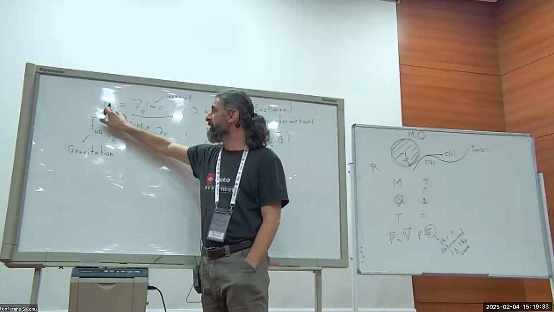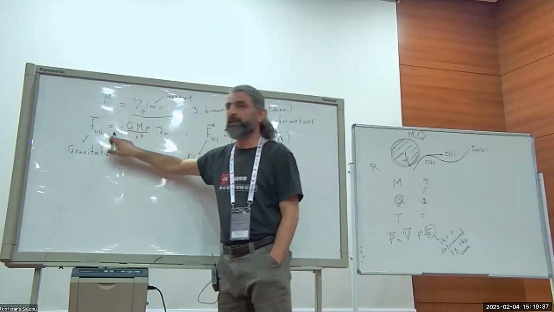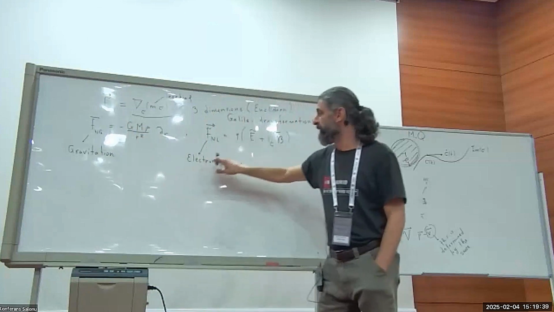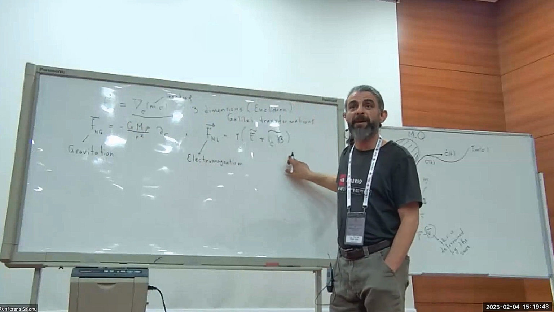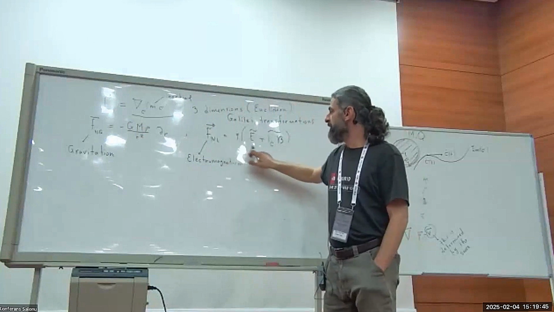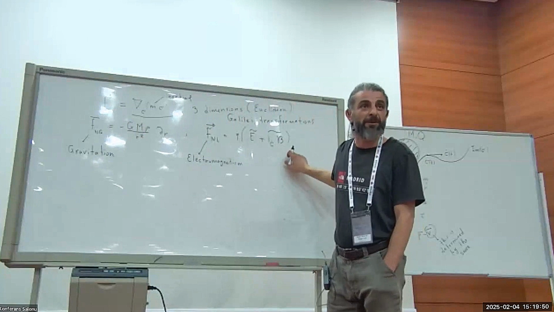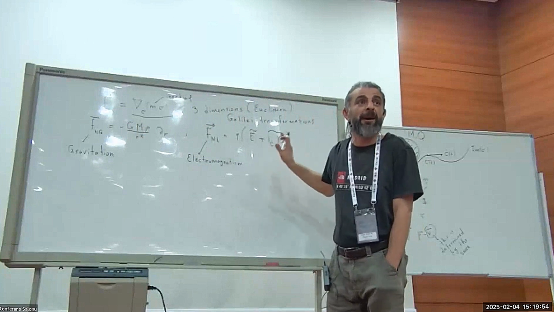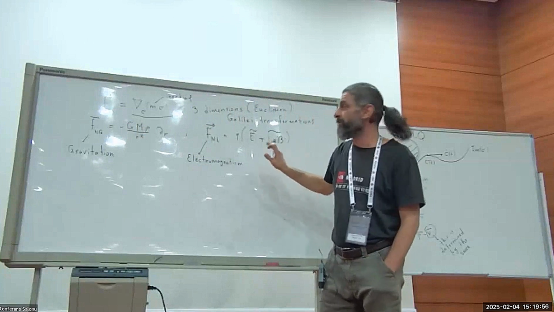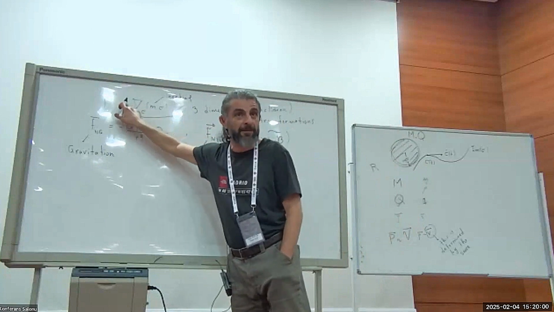We know the form of these force laws. In the case of gravitation, it's like this. In the case of electromagnetism, it's like this. But one may think that this is a Lorentzian force. It's called Coulomb-Lorentz force, but it is not Lorentzian. It should be Galilean coordinates in order to fit this equation. Otherwise, you can't do anything.